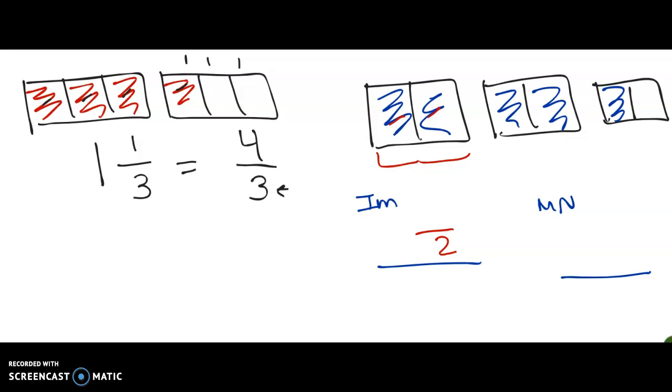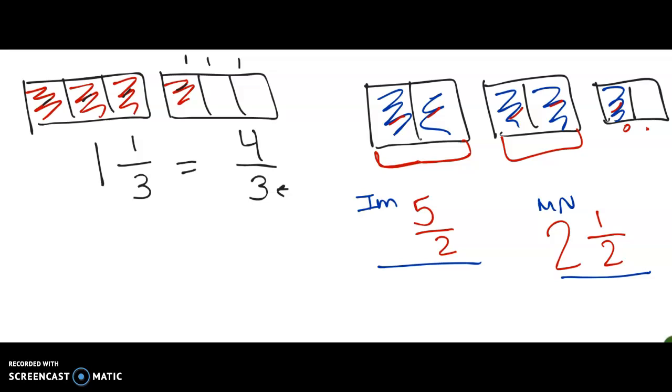So there's 1, 2, 3, 4, 5. 5 pieces shaded out of 2, which is our denominator. For a mixed number, we look at how many wholes first. So there's 1 whole, 2 wholes that are completely shaded, and then we have 1 piece out of 2 total pieces. So we have 2 and 1/2.